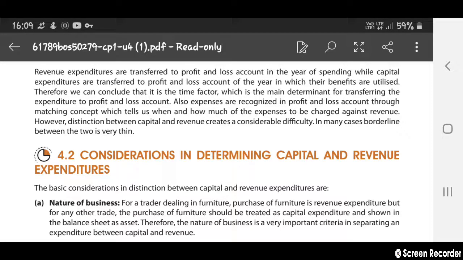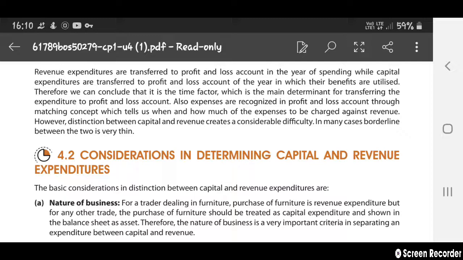Revenue expenditure is transferred to the profit and loss account in the year of spending, while capital expenditure is transferred to the profit and loss account in the year in which its benefits are utilized.